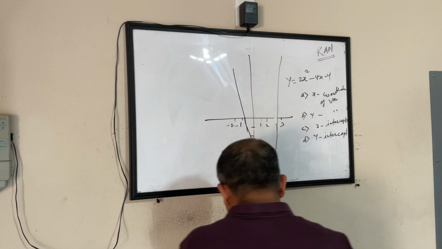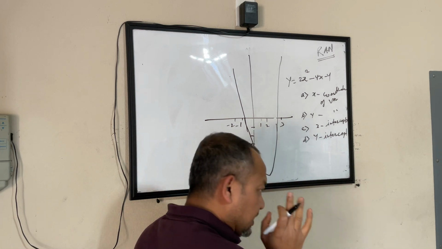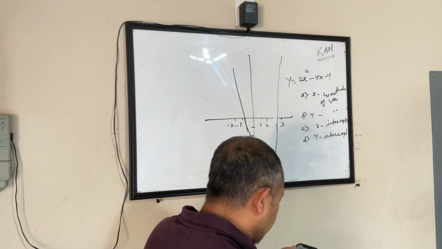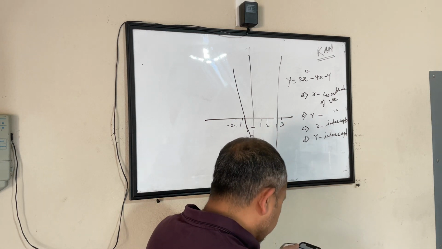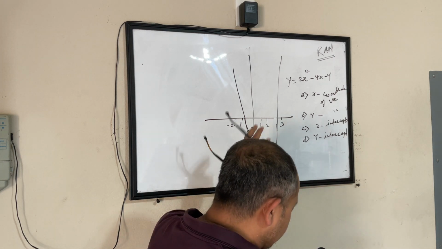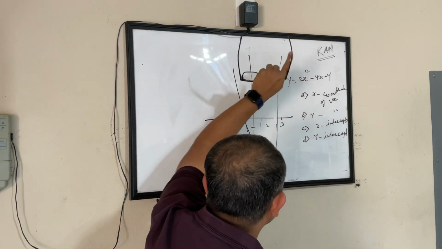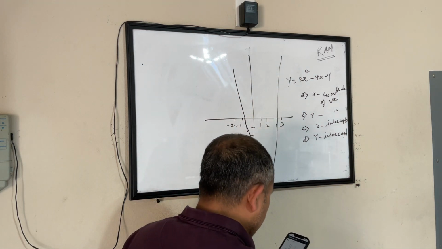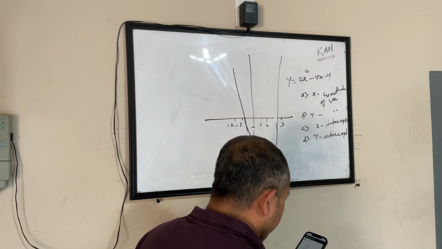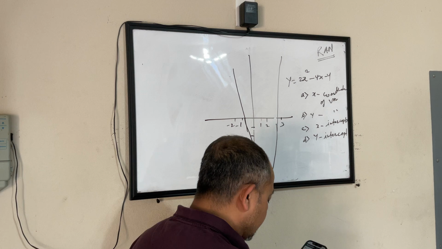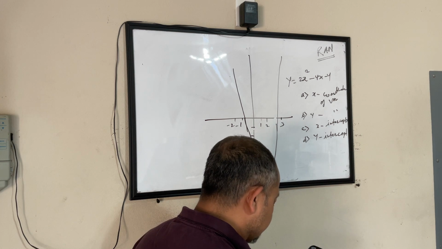Now, so far, I am more confused than you guys because I've just read this question once. Let me read it one more time. The graph of y equal to 2x squared minus 4x minus 4 is shown in the xy plane. This is the graph shown in this plane.